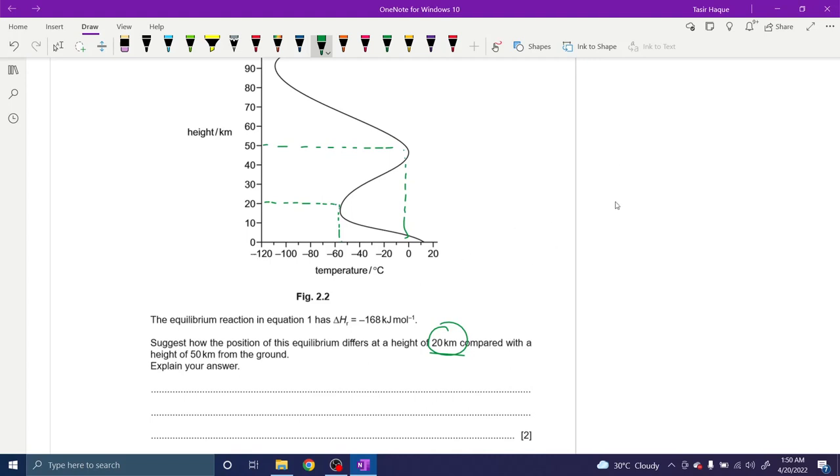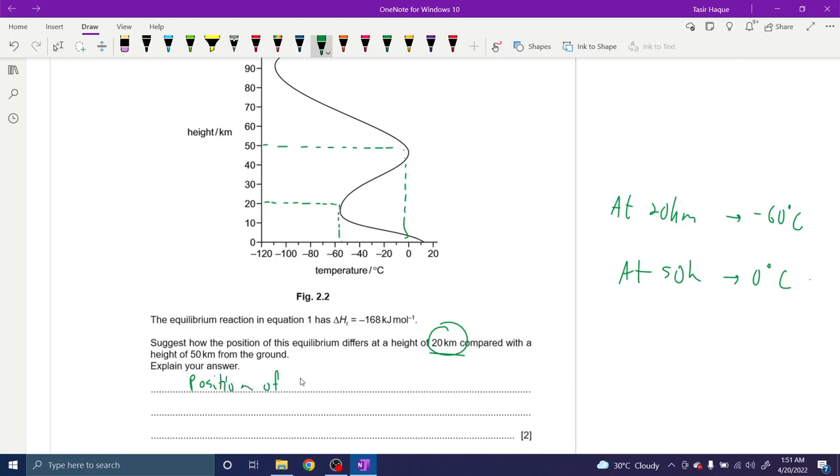Think about it. At 20 km the temperature is minus 60 degrees Celsius, and at 50 km it's around 0 degrees Celsius. And we know that the forward reaction is exothermic. So a lower temperature favors the forward reaction, right? So the equilibrium should lie to the right. That's the logic.